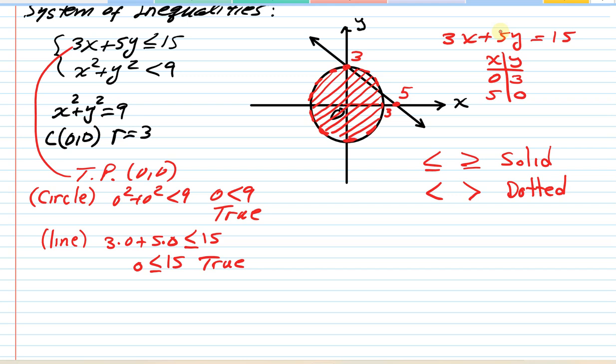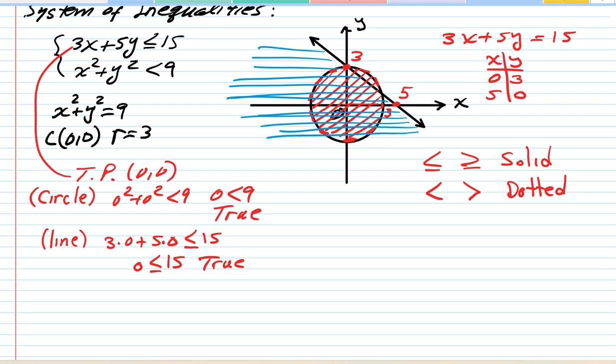So 0, 0, the origin, also is a solution to the line this time. And for the line, I'm just going to change my shading. I'm going to go in a horizontal direction. Doesn't matter, you can shade below. It just illustrates what I'm about to show a little better. So this is what it's going to look like.